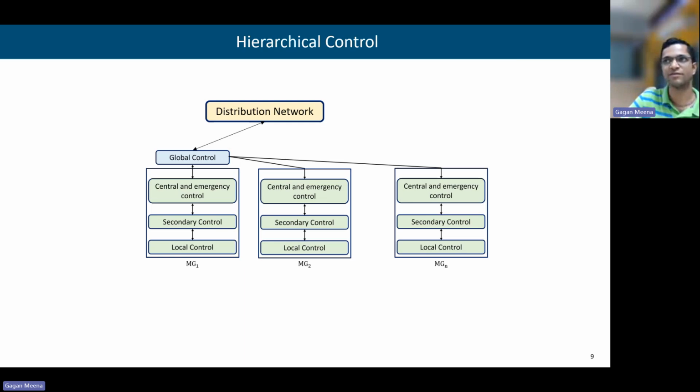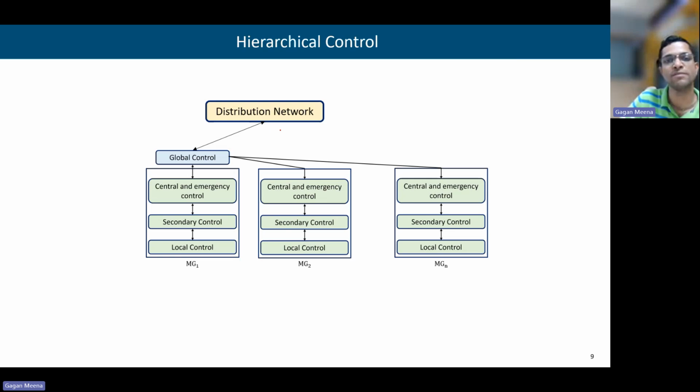We need to have observability from each and every generator in that case. And in centralized control, that's the main disadvantage. Although it's simple and it is easy to get an optimal solution in that case, to achieve the global optimal, because the centralized controller knows the information of each and every element in the system. However, if any of the links fails, then the control fails.